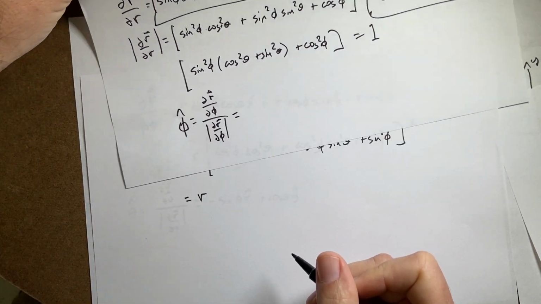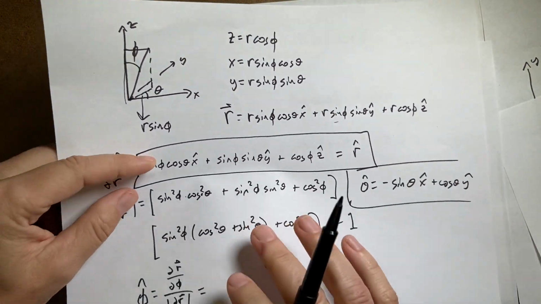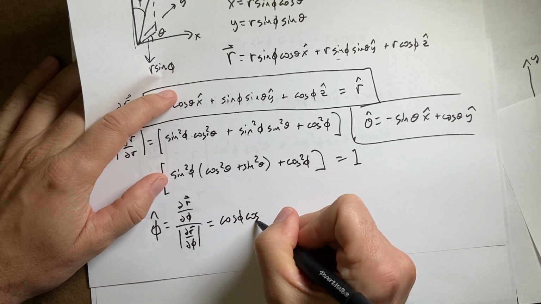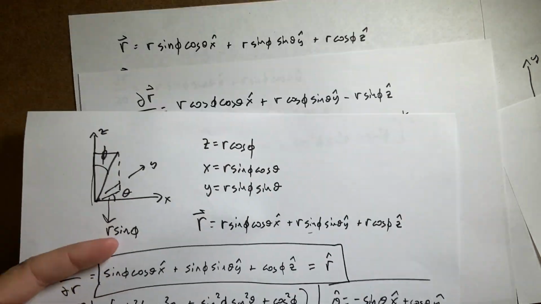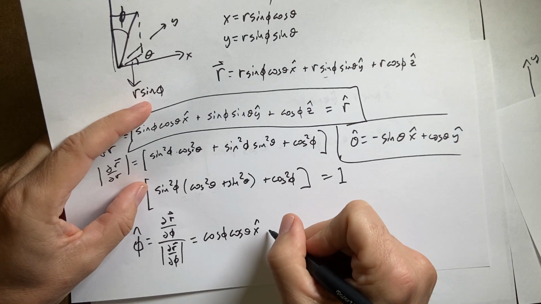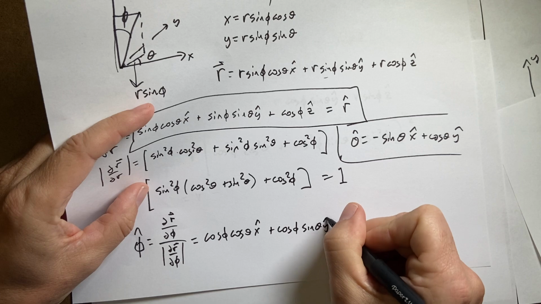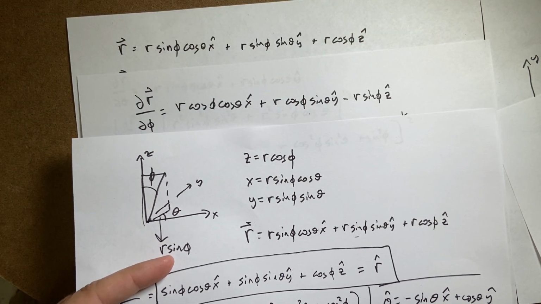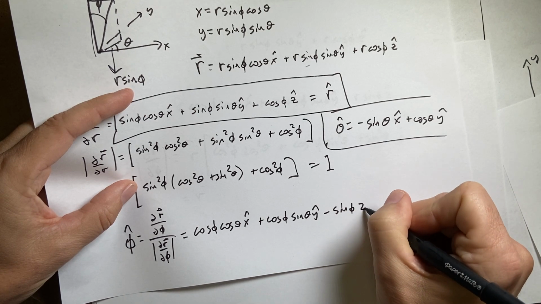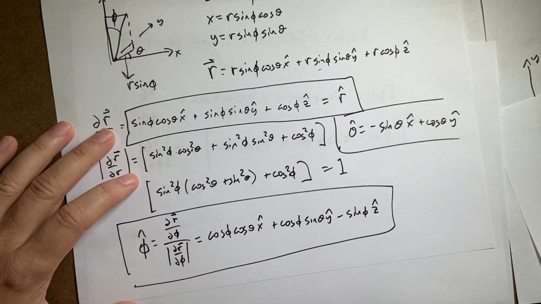And that's going to be equal to cosine phi cosine theta x hat plus cosine phi sine theta y hat minus sine phi z hat. That's all three of them.